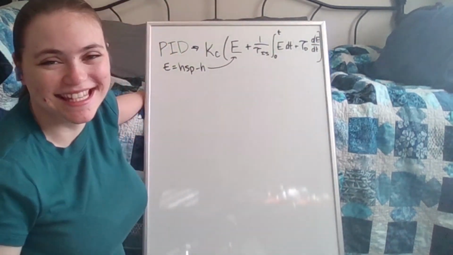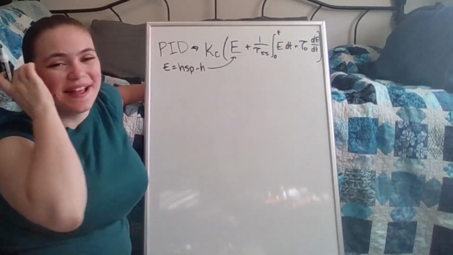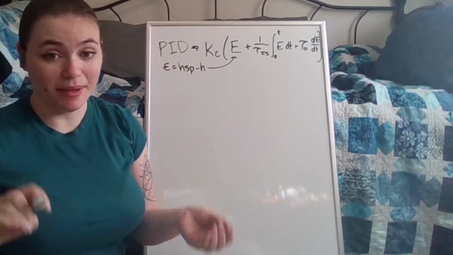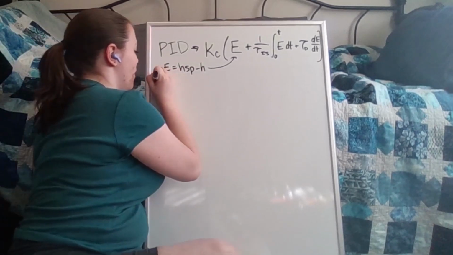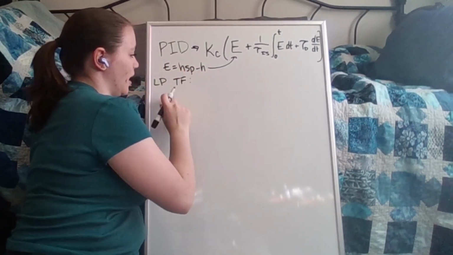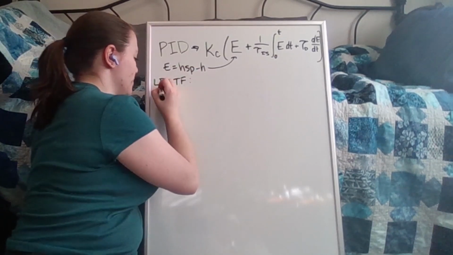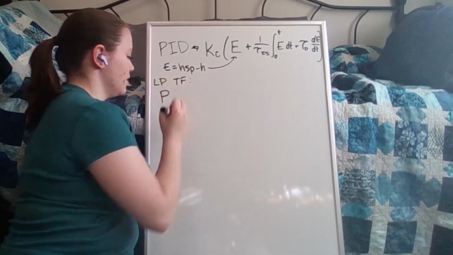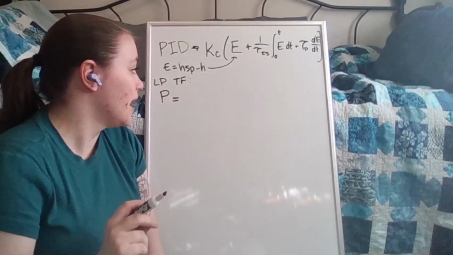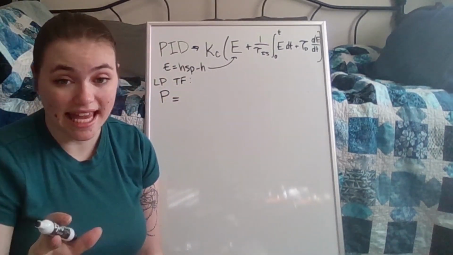and parentheses. All right, and so what we're going to do for this is we are going to take the Laplace transform. So L of P, and that is going to be a big capital P, and that is where we're going to have our proportional gain.